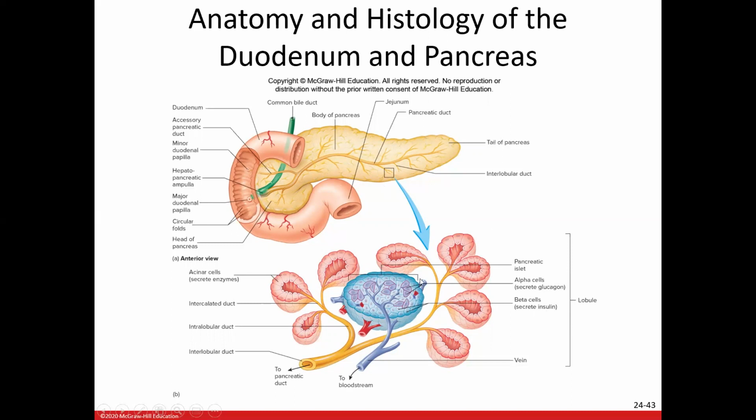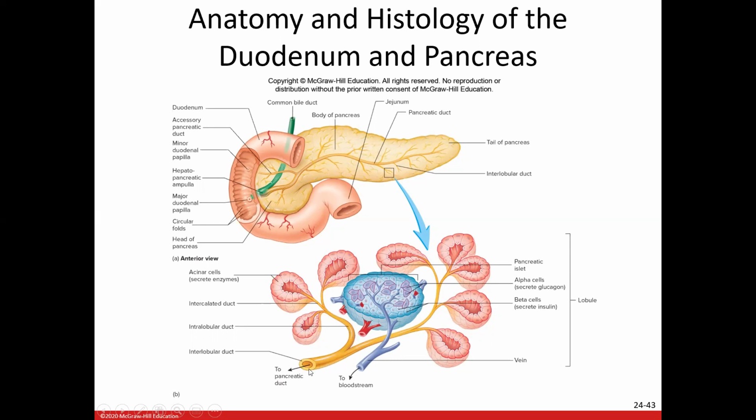Your endocrine tissue is responsible for producing all those hormones, so insulin, glucagon, as well as somatostatin. And then the acinar cells, so these little sacs right here, are able to secrete all the enzymes from the pancreas. Those secretions then start through the intercalated duct. They reach the intralobular duct.